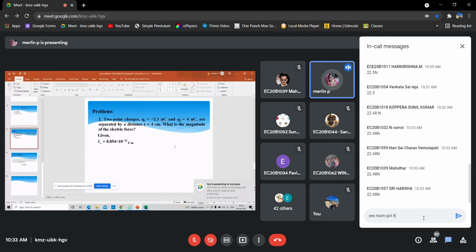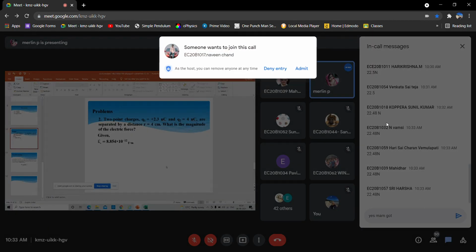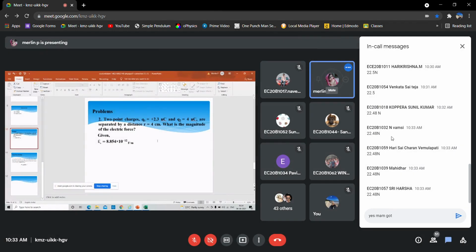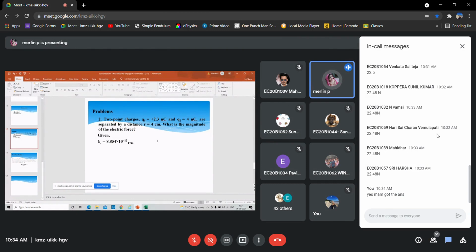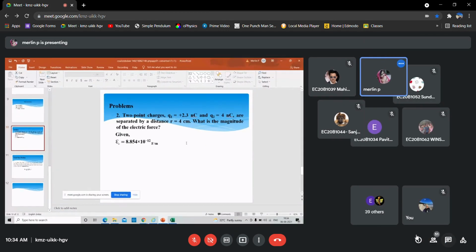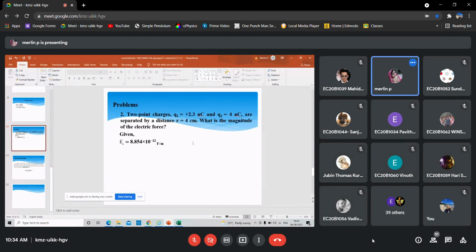So this is another problem. You calculate the force for this. Problem 2. You should write these problems in your notes and study them for exams. Write this and tell the answer you are getting.